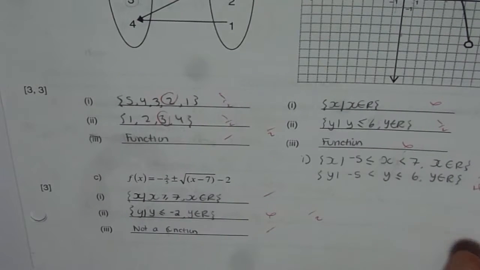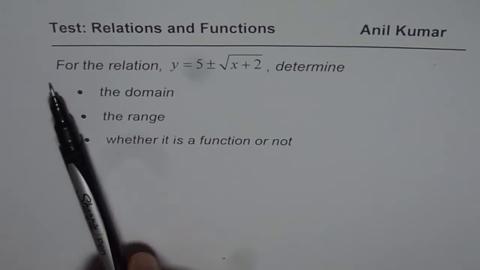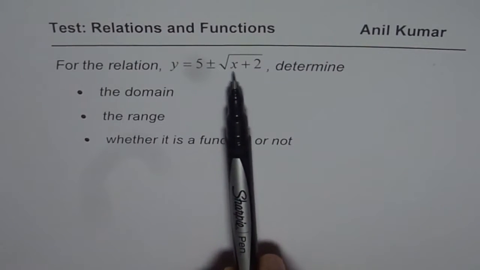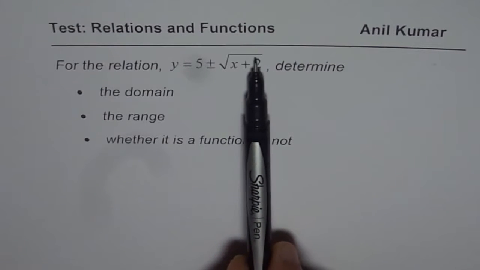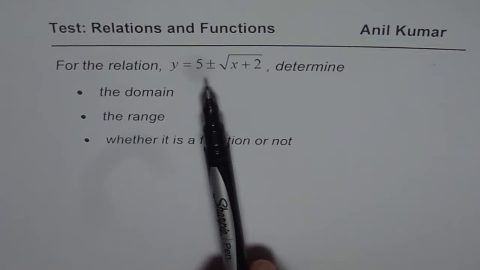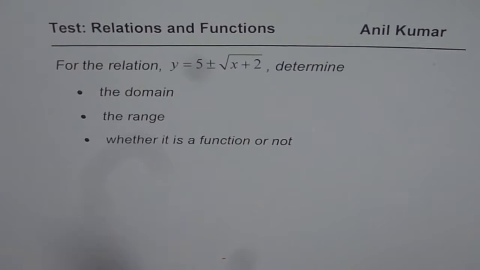So the function which I have in my video is like this: for the relation y = 5 ± square root of (x + 2). So I have avoided those fractions and just given you the simple question. Determine the domain, the range, whether it is a function or not. It's important to understand the concept, and that's the reason why I have simplified it.